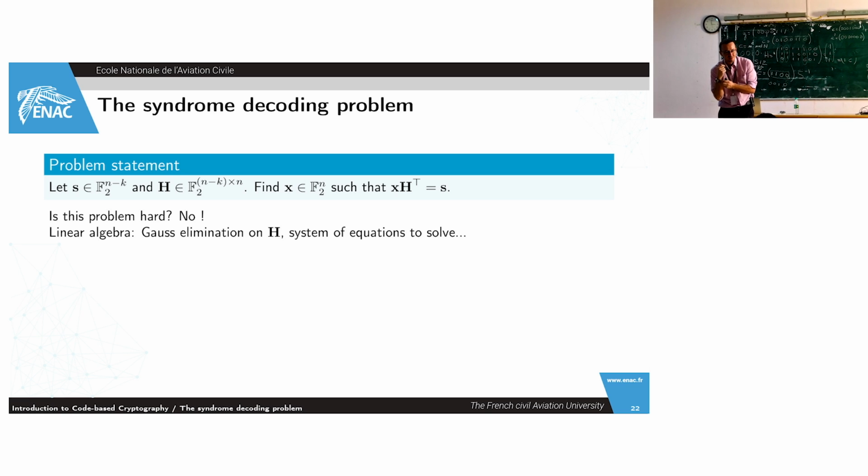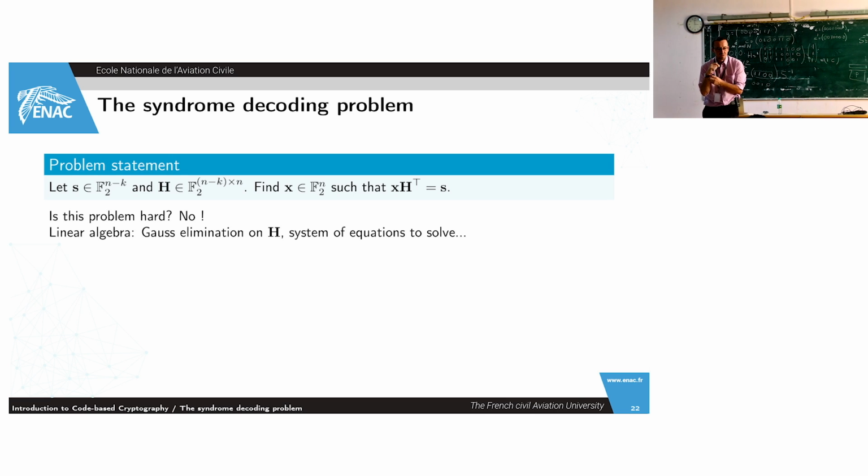Excuse me? When we use a Hamming code, for instance? Yeah. Actually, if you're not using binary Goppa codes, I will show this in a few slides. If you are not using binary Goppa codes, there is a high chance that the family of code you are using is distinguishable among random codes.